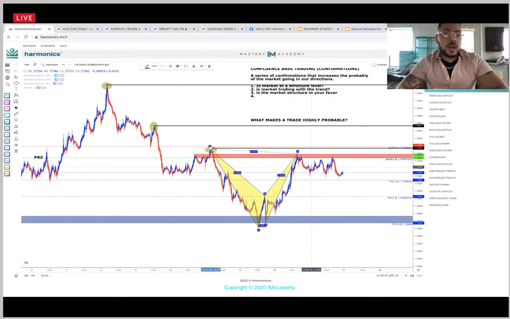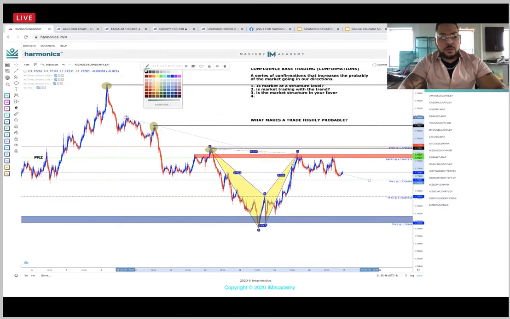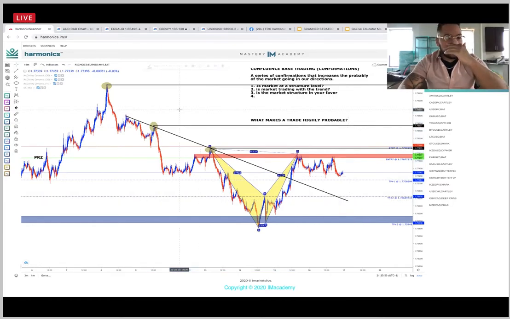So there's another confirmation. Another confirmation is, let's say trend lines, which are very subjective, but let's say you were drawing up a trend line in the market. We can actually use this a bit. This is not exact, but as an example, let's take a look: one, two, three.